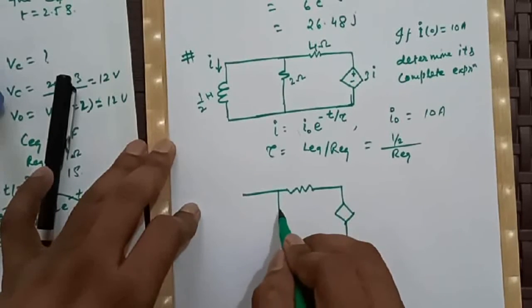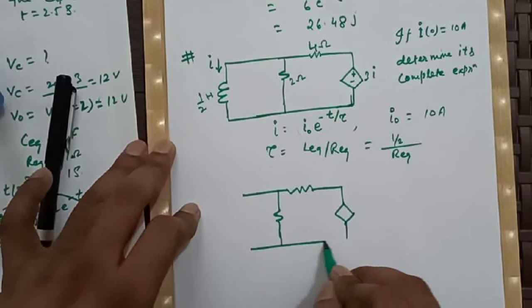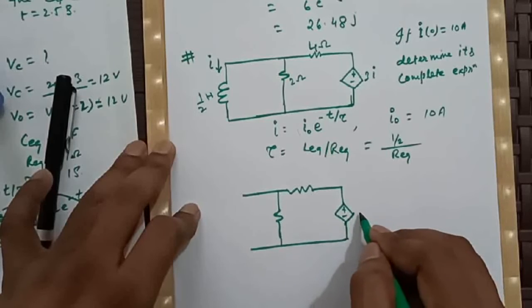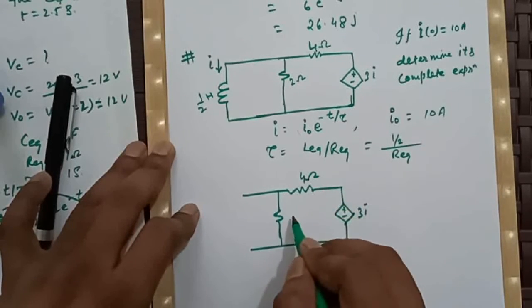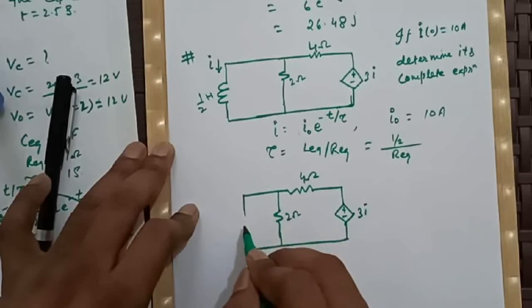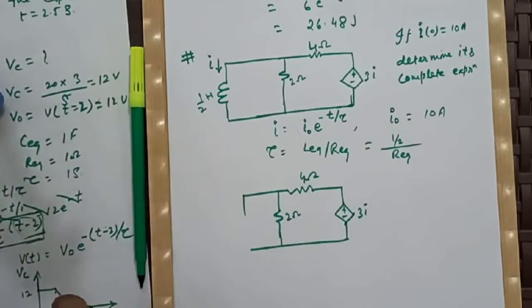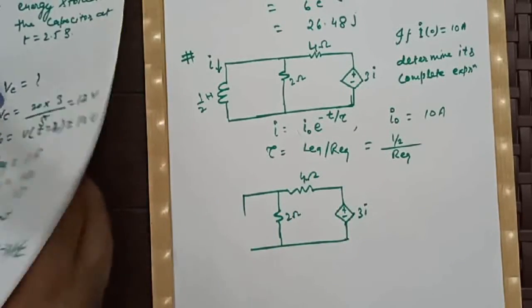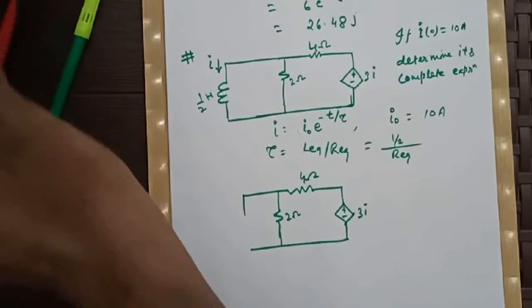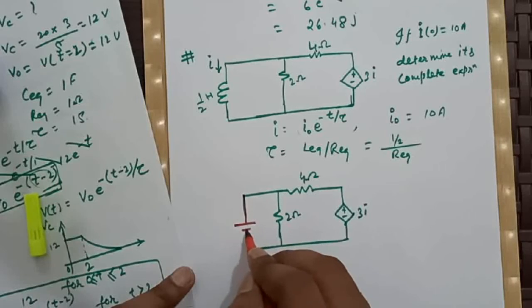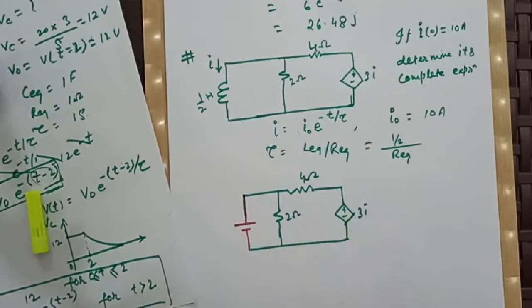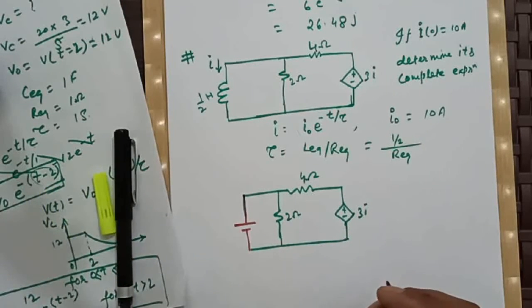Recall the technique to find the equivalent resistance when only a dependent source is present in the circuit. What will we do? Basically, we will apply an arbitrary voltage source, right?